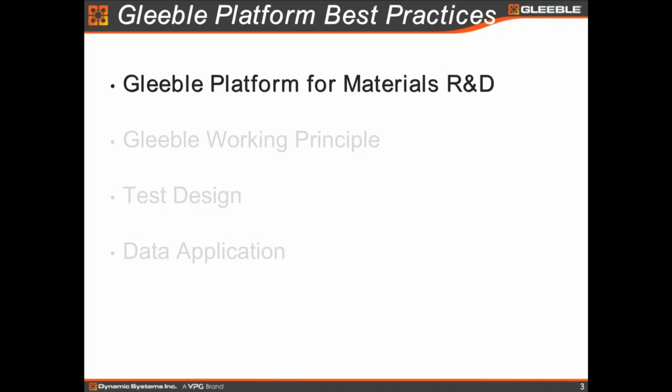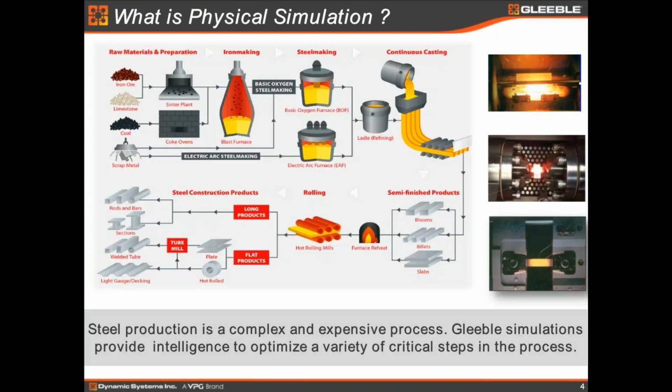Okay, so let's focus first on why I call Gleeble a platform. We'll take steel processing or steel manufacturing as an example. I believe everybody knows what steel is, but this process is very complicated. I won't say the process itself is very expensive, but the product is very cheap, as cheap as probably a vegetable from your market, right?